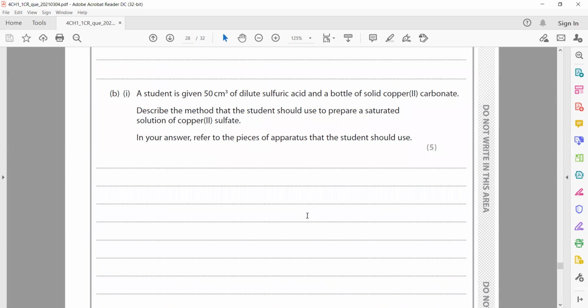A student is given 50 cm cube of dilute sulfuric acid and a bottle of solid copper carbonate. Describe a method the student should use to prepare a saturated solution of copper sulfate.